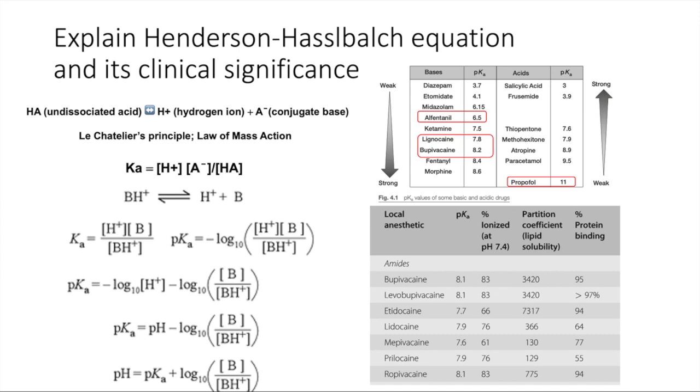The proportion of unionized drug is higher the lower the pKa. Therefore, lidocaine has a higher proportion of unionized drug at physiological pH than bupivacaine. This influences the speed of onset of action, as it is unionized drug that diffuses across the phospholipid membrane. The drug with lower pKa has a quicker onset of action.